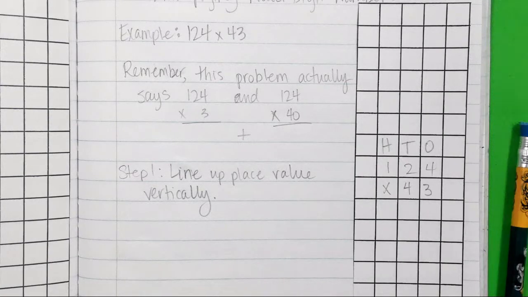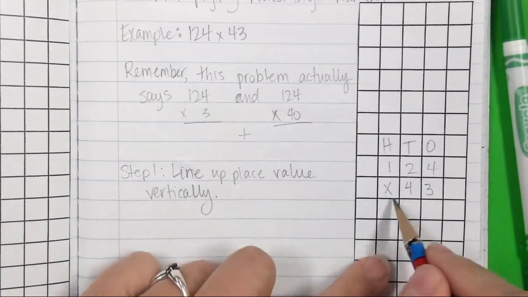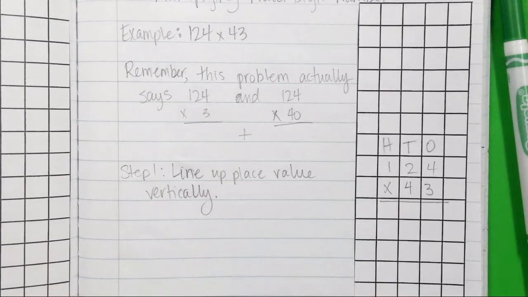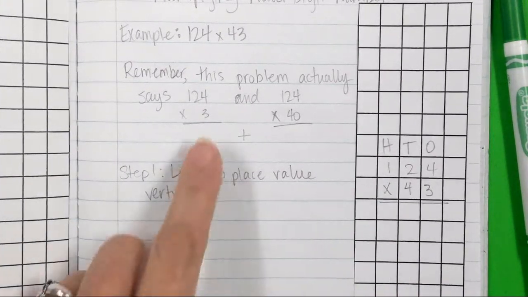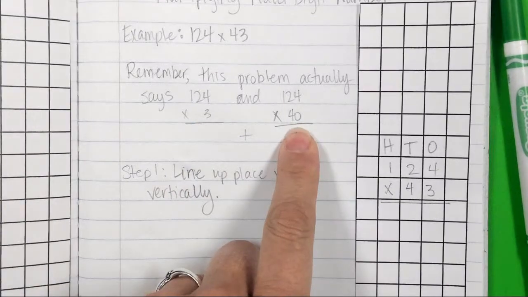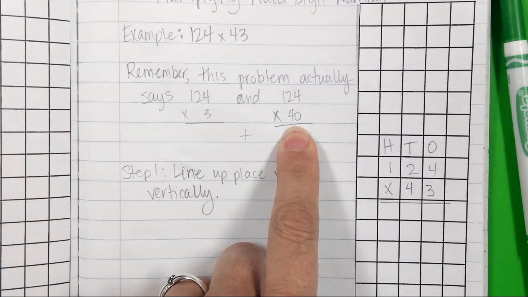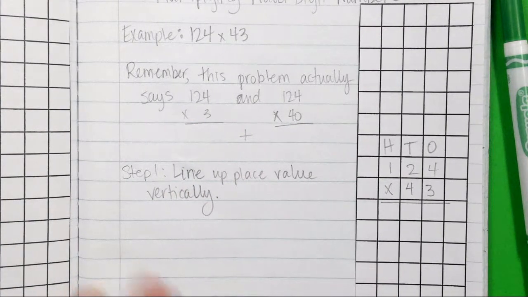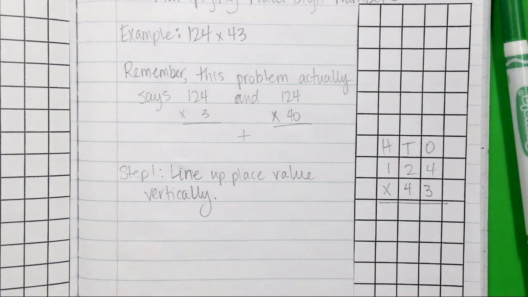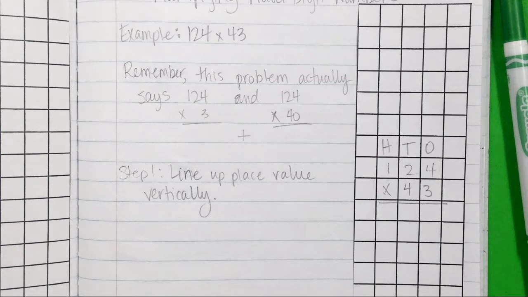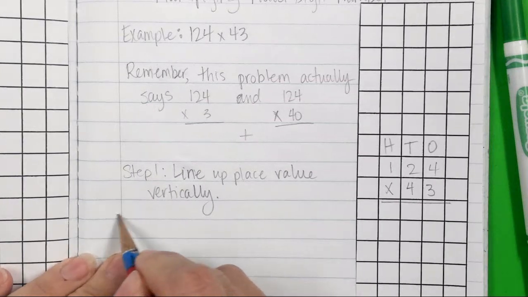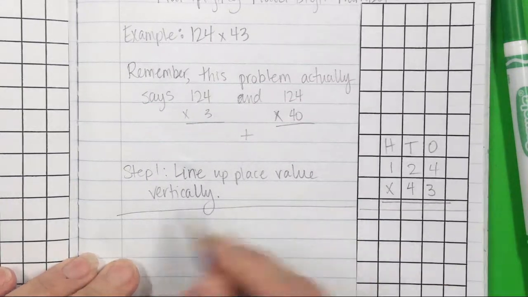So that's how I've got to set it up. Now again, you have to remember, I'm multiplying the ones place, and then I've got to multiply the tens place.